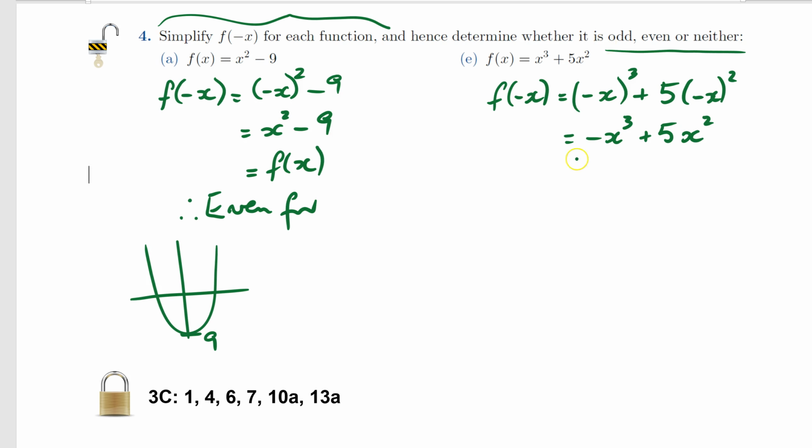However, it's also not equal to minus f of x. If it was minus x cubed minus 5x squared, then we would have had an odd function. So this is not equal to f of x, and it's not equal to minus f of x. So therefore it's neither even nor odd.